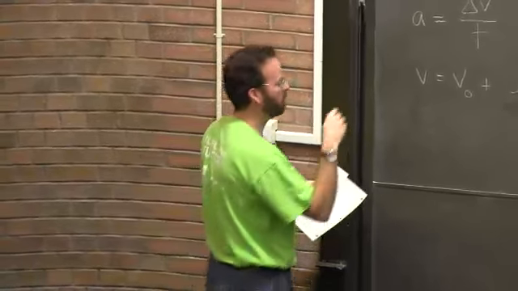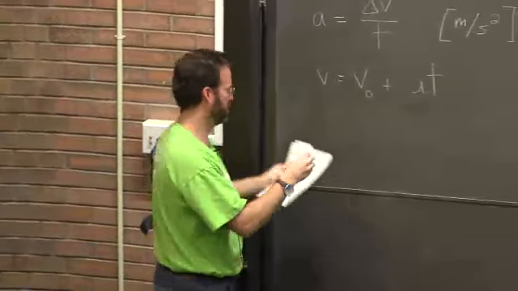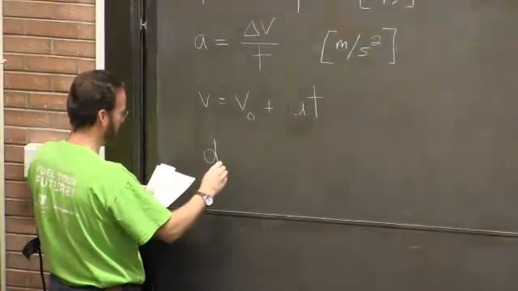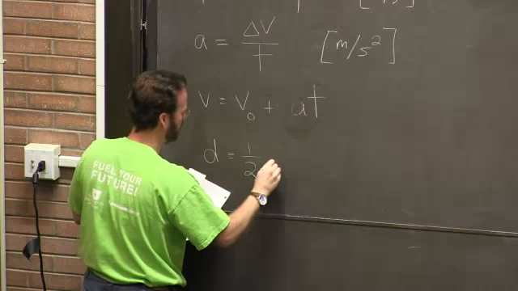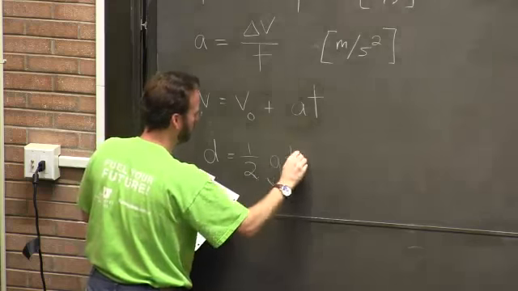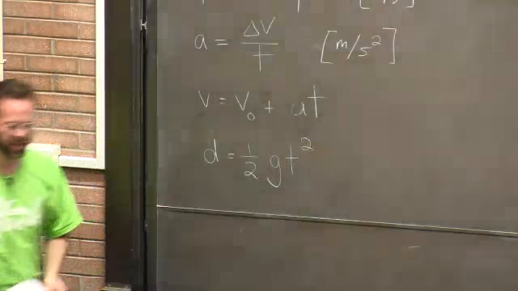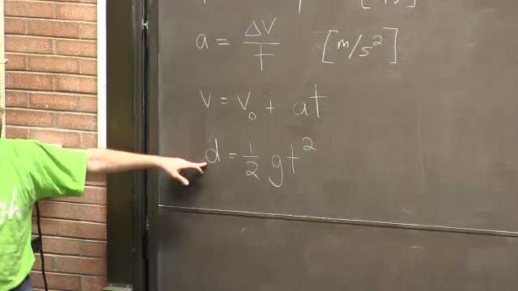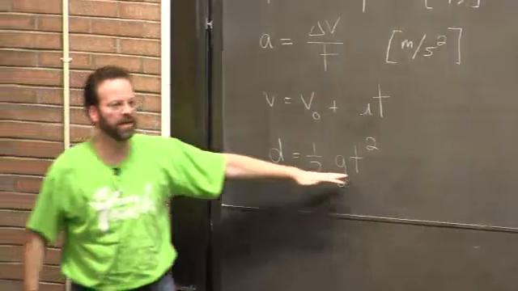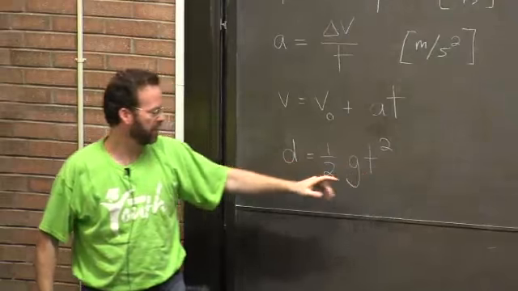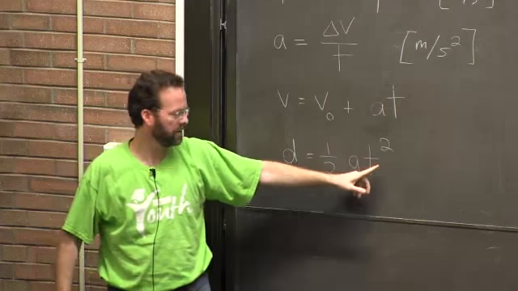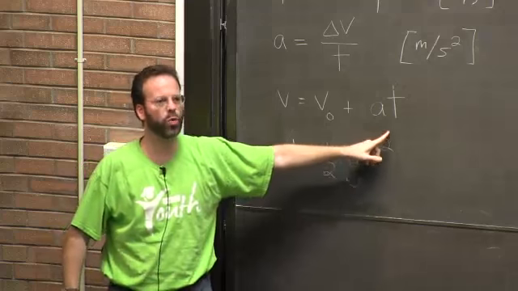And then where I left off, we were going to do this one. I'll just write it. When you're dropping something, the distance it falls, that's how you'd find it. It's 1/2 times the acceleration due to gravity times the time squared.